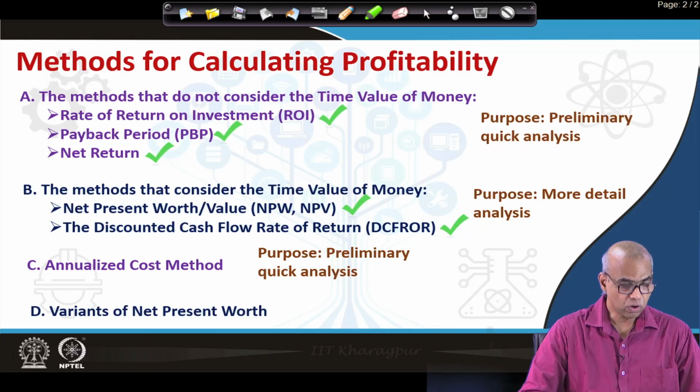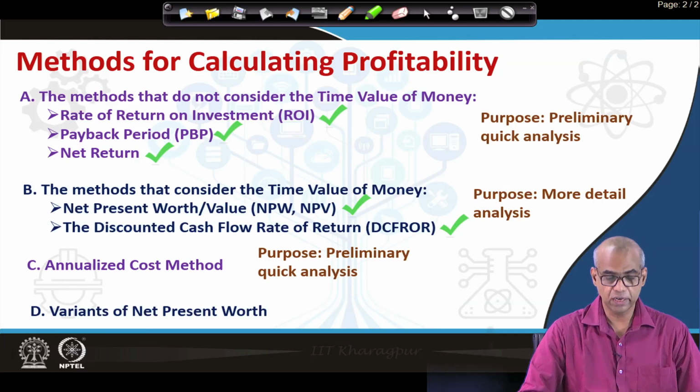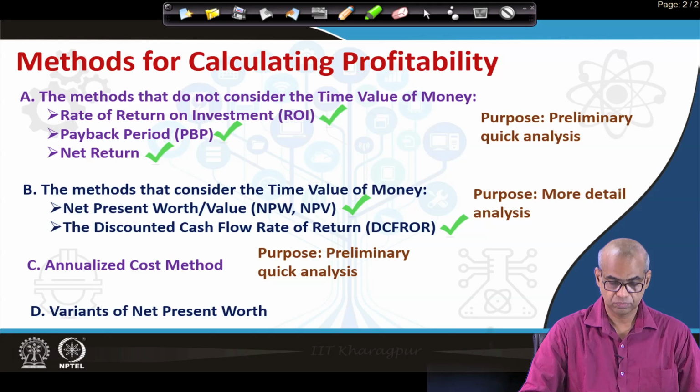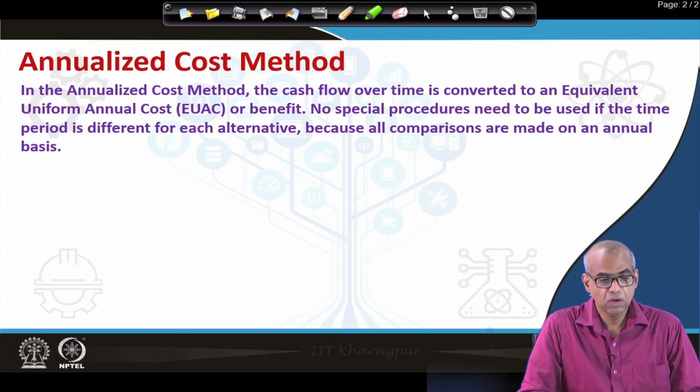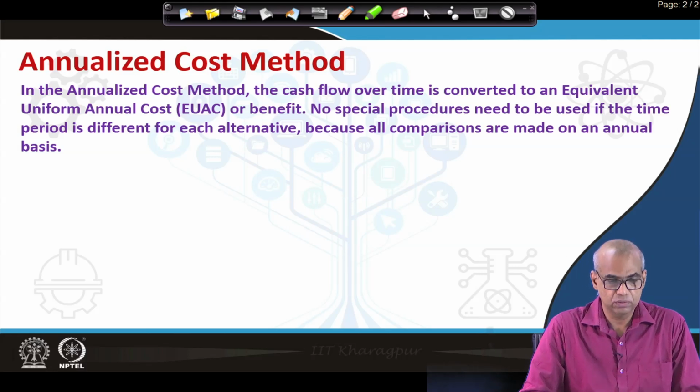And today, we will talk about annualized cost method and some variants of net present worth or net present value method. The purpose of annualized cost method is also to do quickly preliminary analysis on profitability. So, let us start our discussion on annualized cost method.